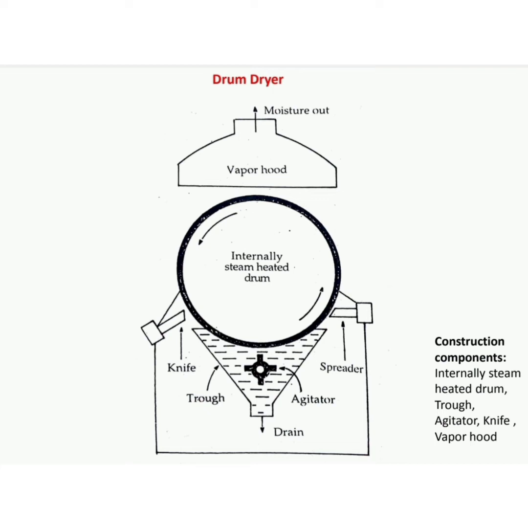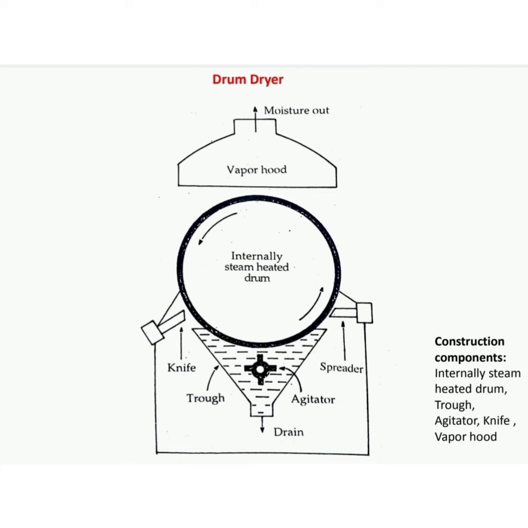The internally steam heated drum dipped in the slurry revolves and picks up the feed which retains on the drum surface as a film. The thickness of the film is regulated by a spreader. During the revolution, the wet material is heated and gets dried due to heat transfer from steam through the metal wall of the drum.